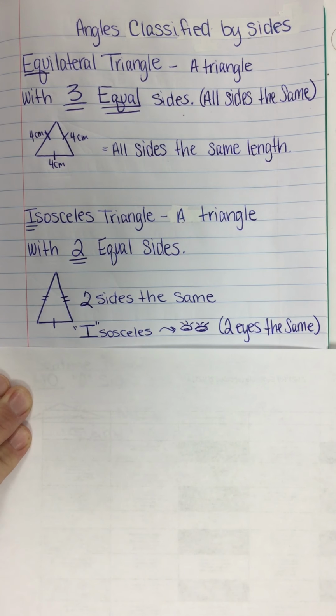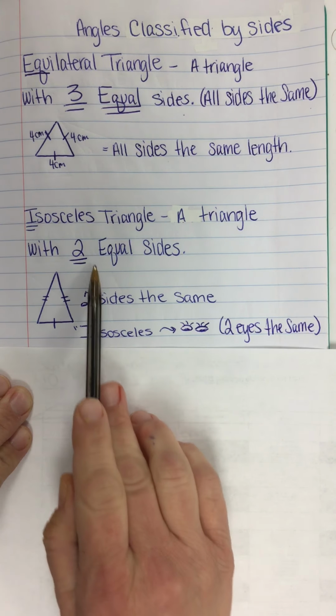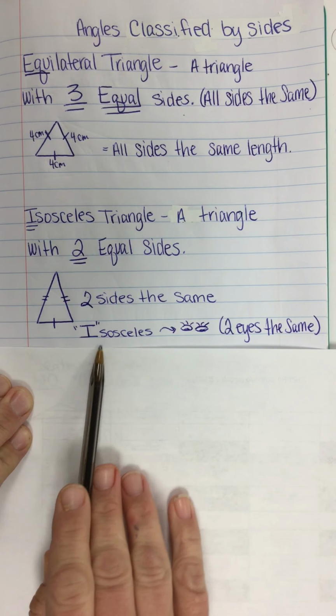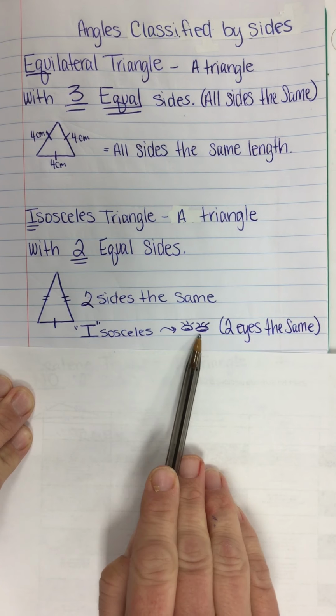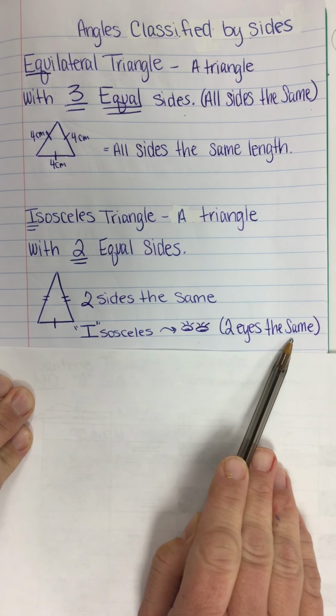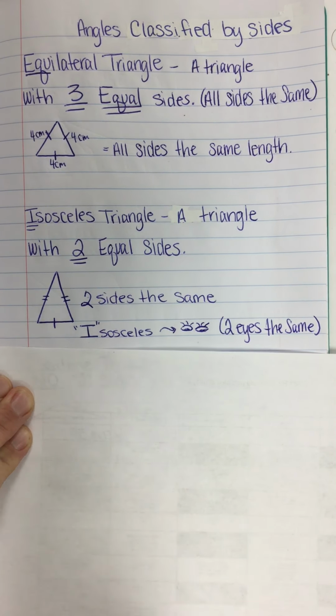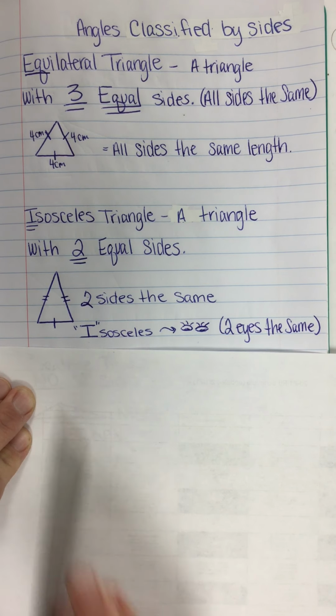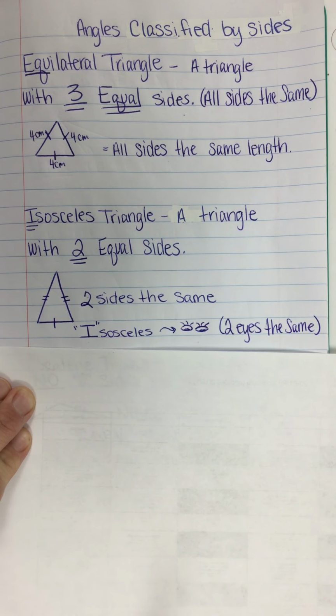So an isosceles triangle is a triangle with two sides the same. Here's how I like to remember it. Isosceles, like two eyes. If you take your fingers and hold up the number 2, and point them to your eyeballs, that's two eyes the same. It's isosceles. An isosceles triangle has two sides that are equal in length.